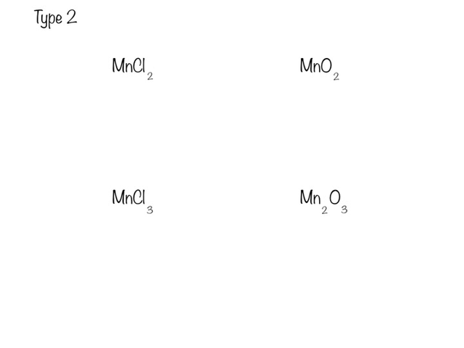So let's do a demonstration of a few of the formula to name in this type 2 nomenclature. Let's start off with our manganese and our chlorine here. In order to determine the charge on that cation, I need to know the charge on the anion. Everything starts out the same as normal. We name the element first, manganese, and then this is a manganese chloride.